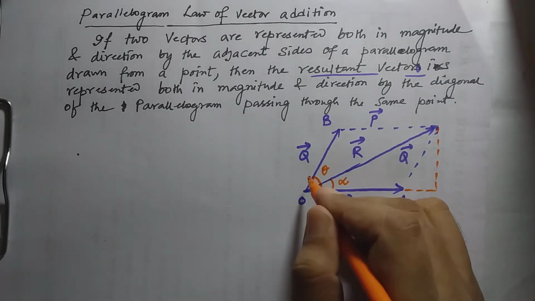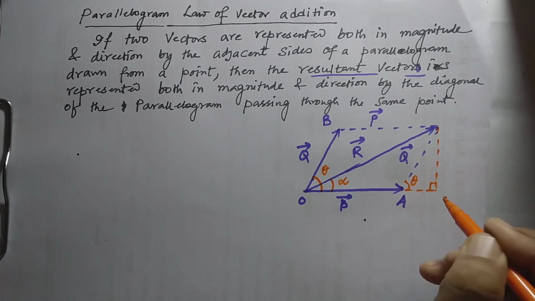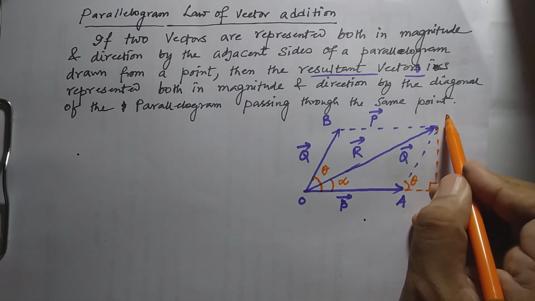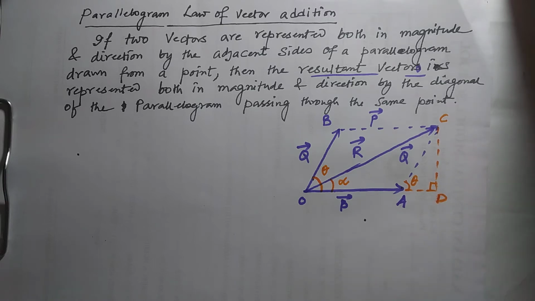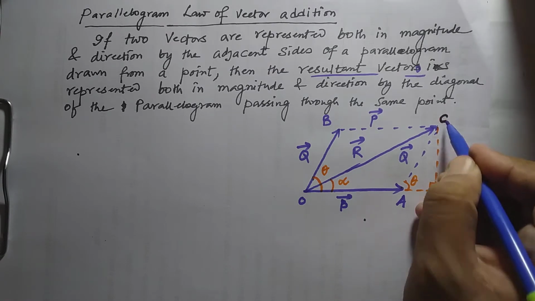As this is theta, this will also be theta, and this is a 90-degree angle. This one is A, this one is C, this is O, and this one is D.